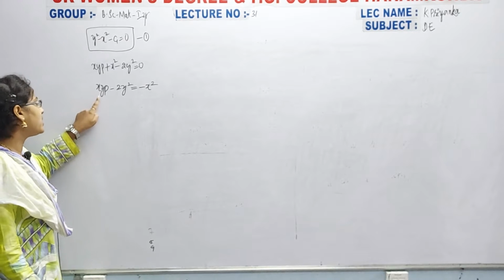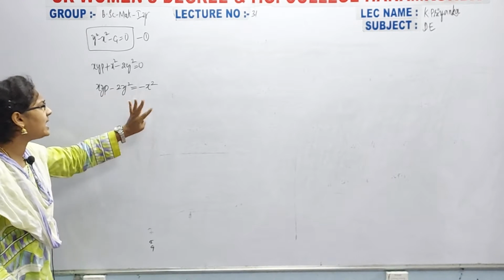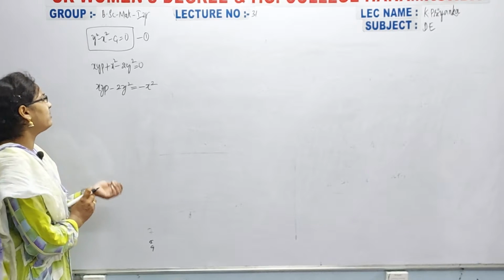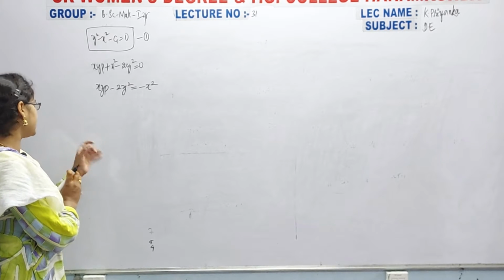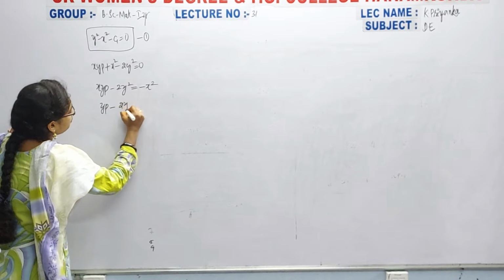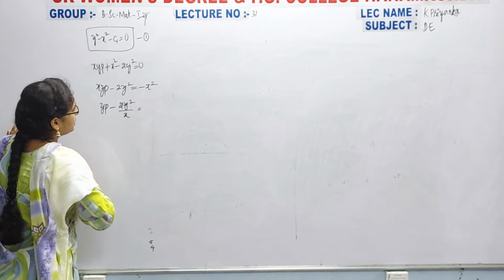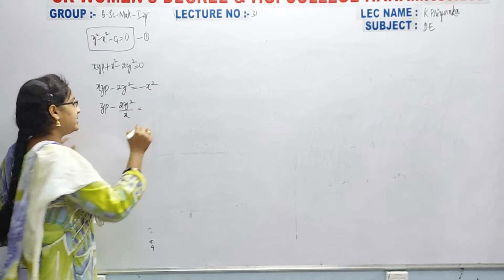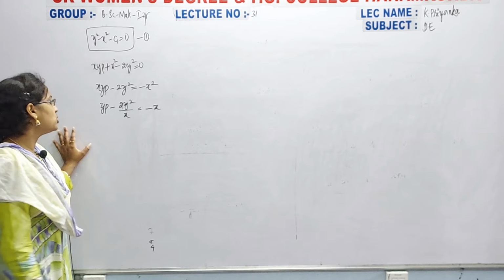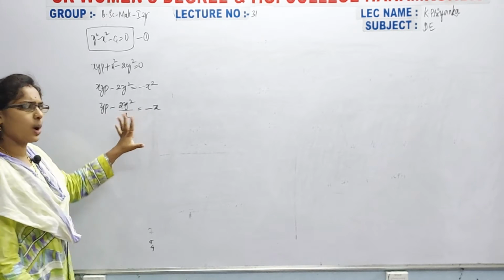Now I am going to divide the entire equation by x. Then we get yp minus 2y square by x equal to minus x. Is it clear?